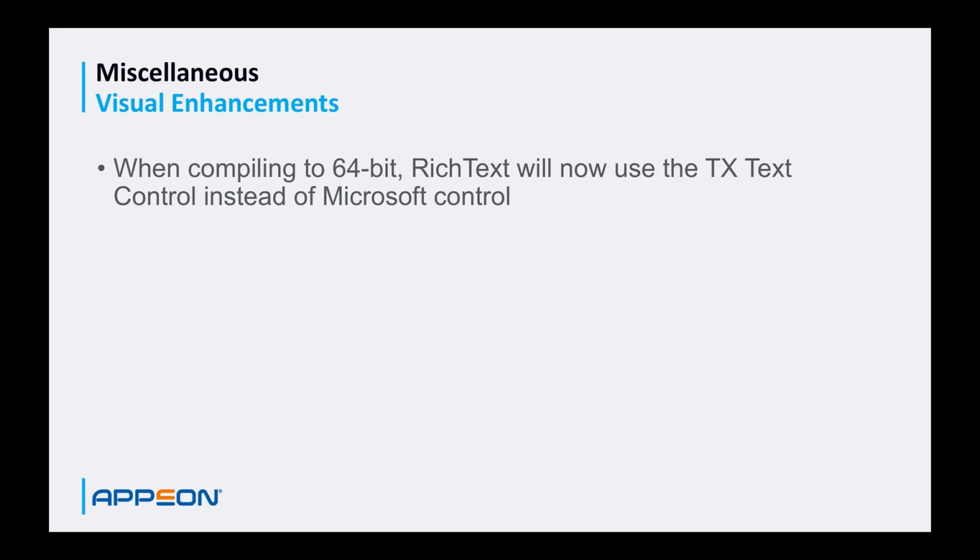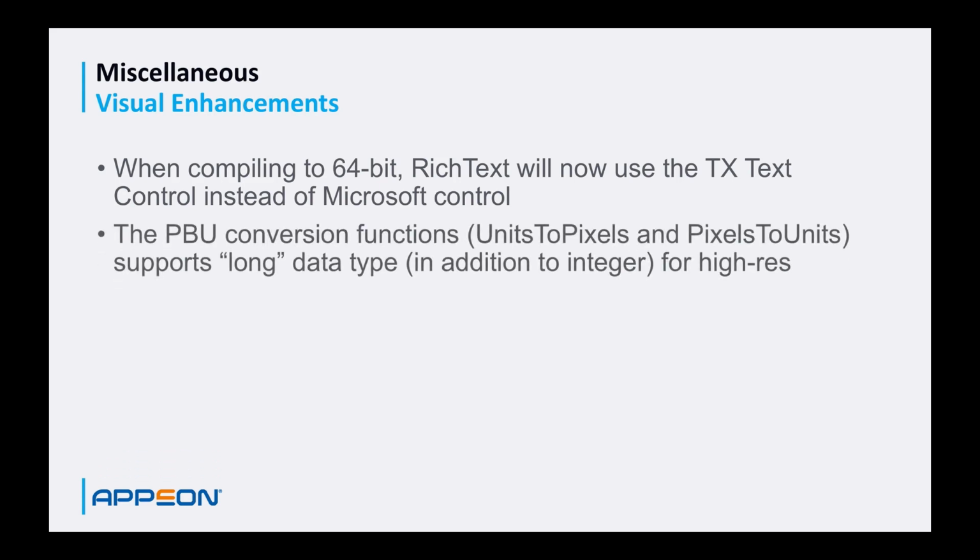So now we brought you the 64-bit version of this control. And we brought you the latest version, version 28, which includes a number of bug fixes and feature enhancements. So if you're trying to go to 64-bit, we're really starting to close that gap now in terms of the functionality. If you looked at 12.6, there was a huge gap on 64-bit. Appeon has been, with each release, closing that gap.